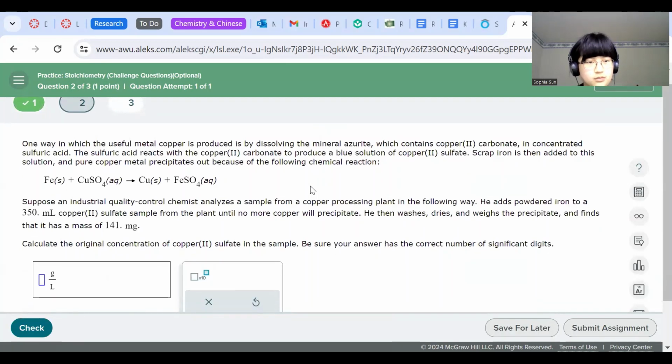Next up is a precipitation reaction involving a single substitution.